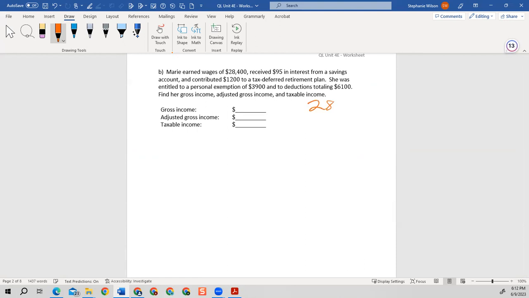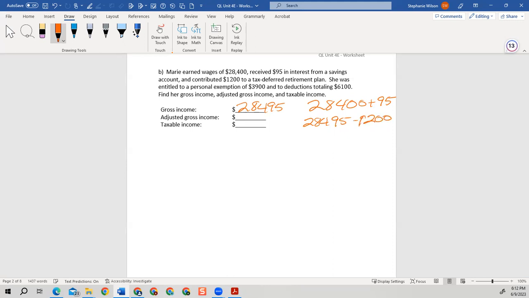We're going to take that $28,400 and we're going to add the $95 to that. So now it's going to be $28,495.